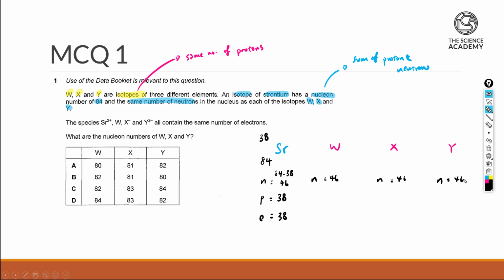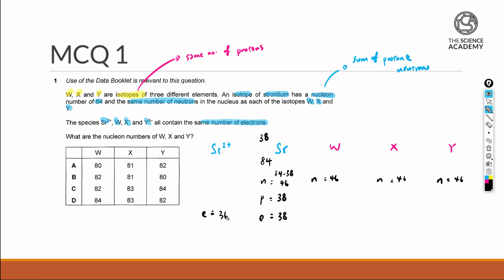But the next information here is with regards to strontium 2+, which actually contains the same number of electrons as W, X minus as well as Y2 minus. So let's just write out our cation strontium 2+, and we're now concerned about the number of electrons. The number of electrons for strontium 2+ must be 36, because from 38 electrons we need to lose 2 to hit a value of 36 for strontium 2+.